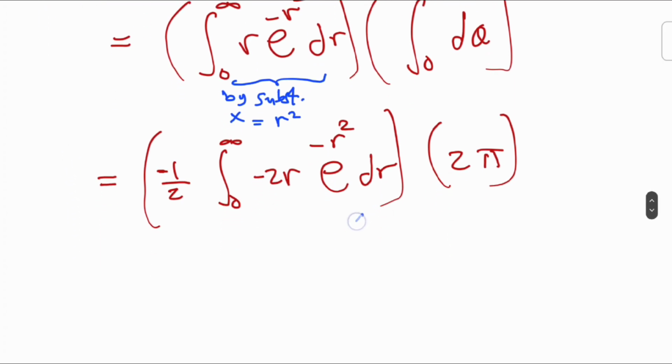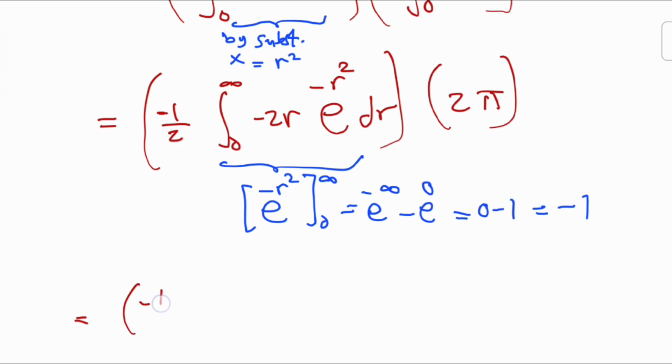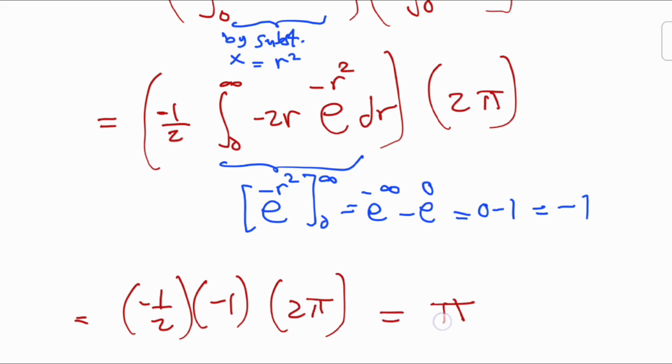So this is simply e to the minus r square from 0 to infinity, which is e to the minus infinity minus e to the 0, which is 0 minus 1, equal to minus 1. So that will be minus half times minus 1 times 2 pi, and that's just equal to pi.